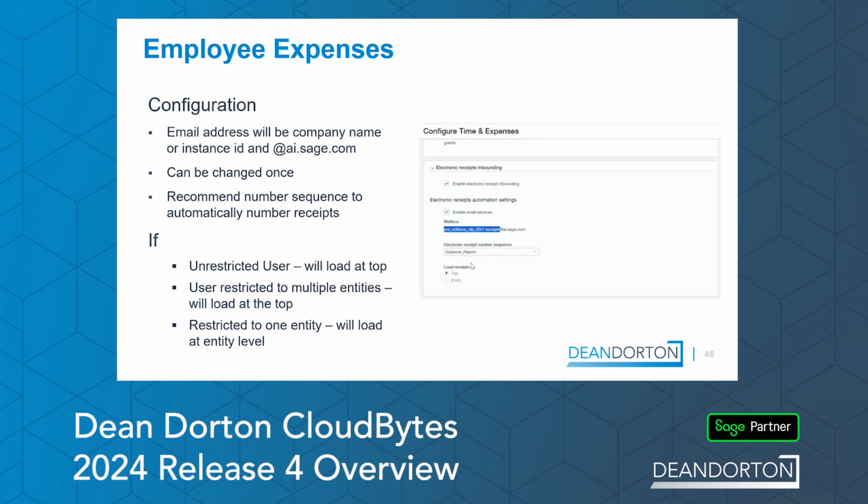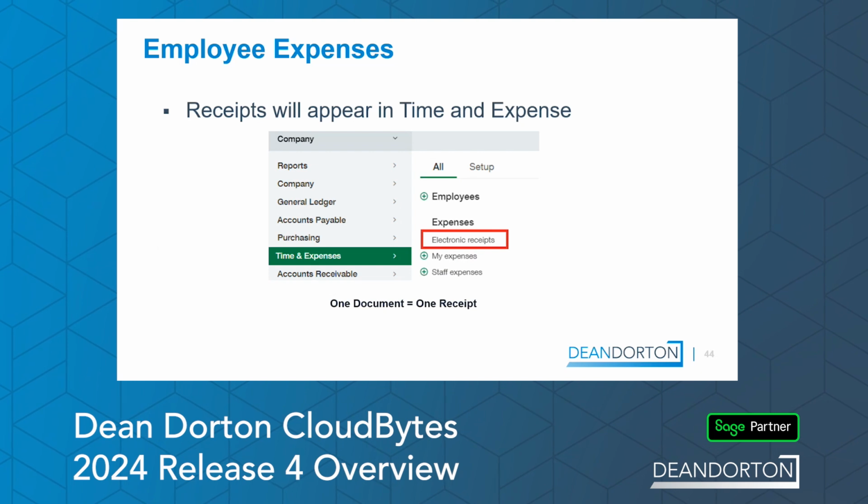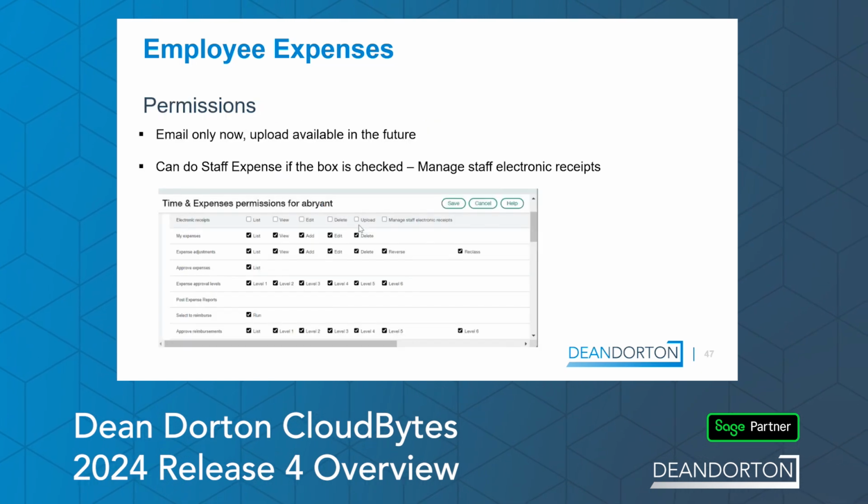And then you're able to send images of expenses into this email address, and they will be pushed into the system, and they will show up here in this menu option item. Okay. So it is working towards something like the AP automation solution.